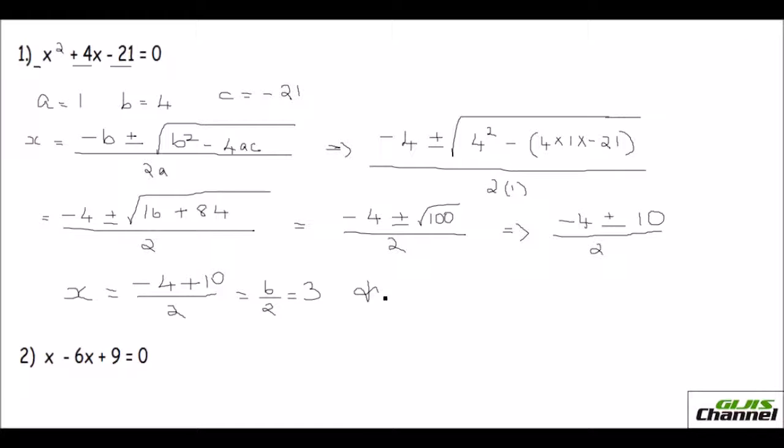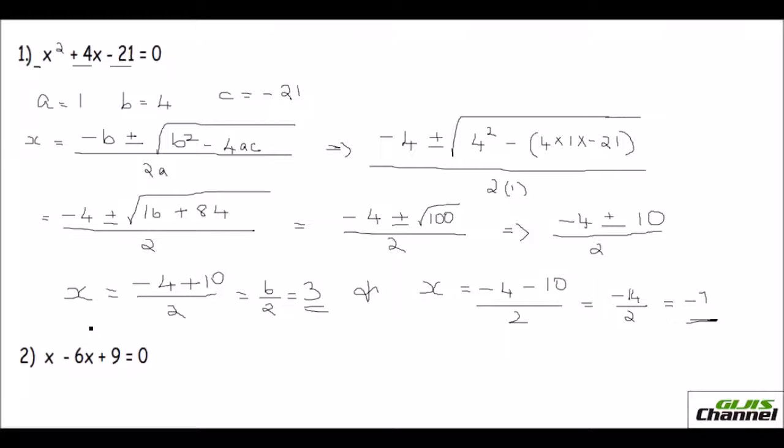And the second one is x equals minus 4 minus 10 over 2. So that is nothing but minus 14 over 2, and that is minus 7. So this is your answer. Your x equals 3 and minus 7.